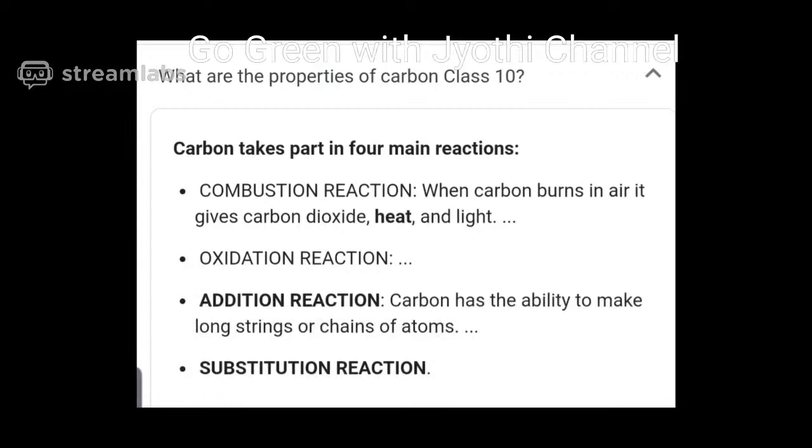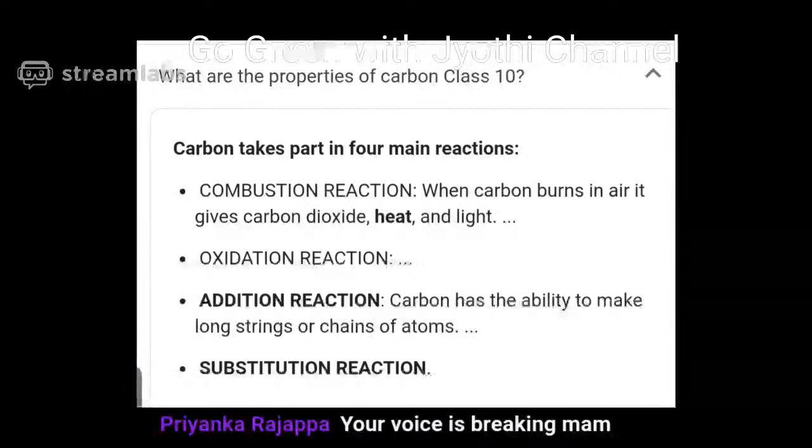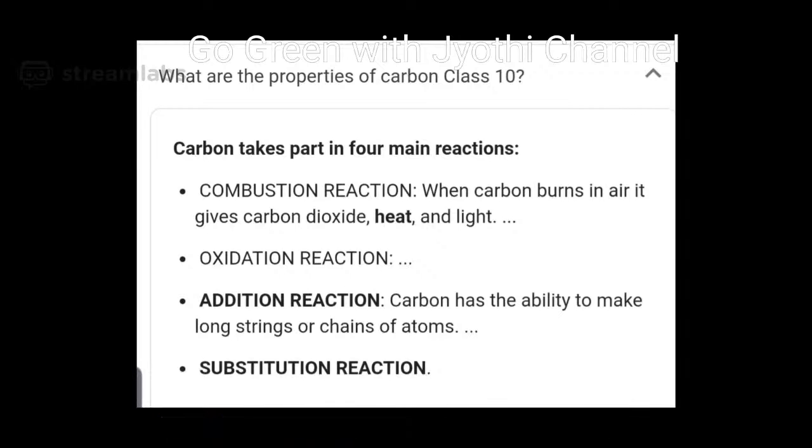It can undergo addition reaction. When the carbon exists in unsaturated form, if more hydrogen is added, then it can take up hydrogen and convert into saturated form. I'll explain this concept coming up.